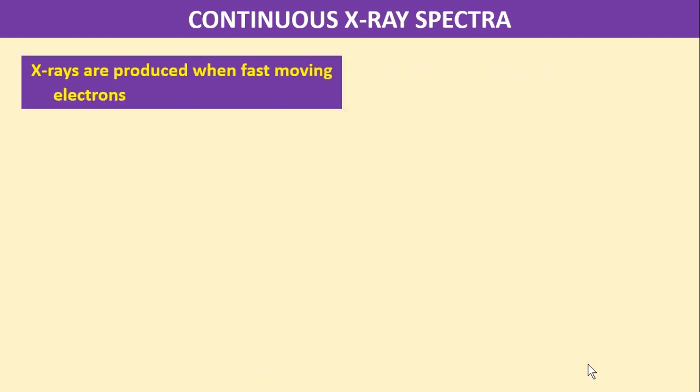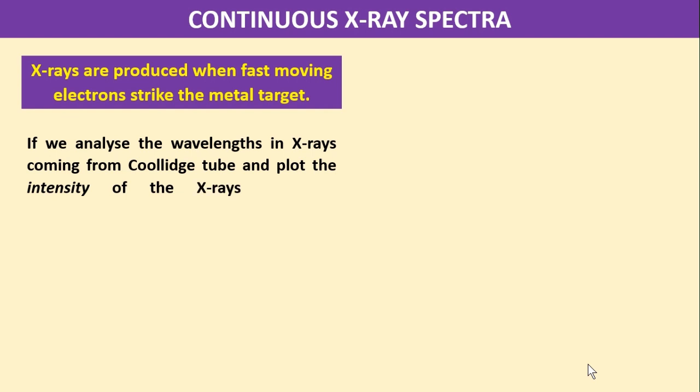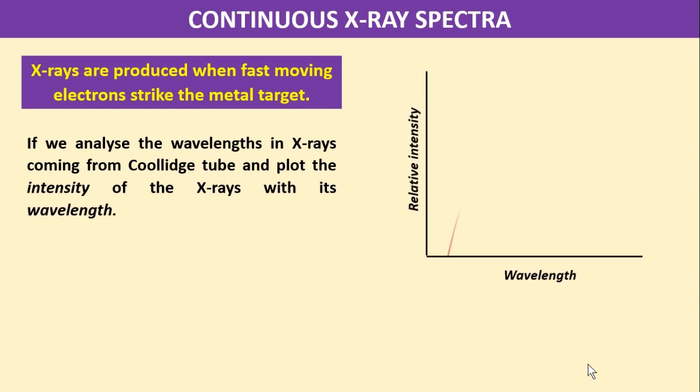X-rays are produced when a fast-moving electron strikes a metal target. If we analyze the wavelength in X-rays coming from a Coolidge tube and plot the intensity of X-rays with its wavelength, look at the graph. For tungsten at 35 kilovolt, we get a curve.